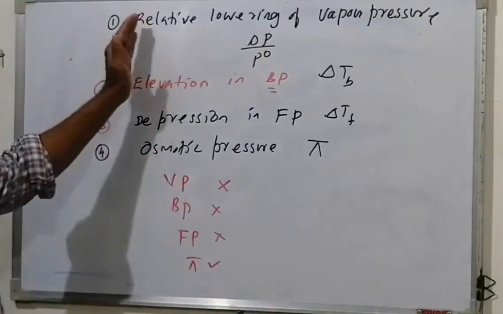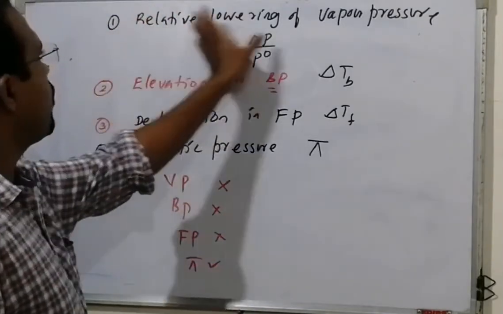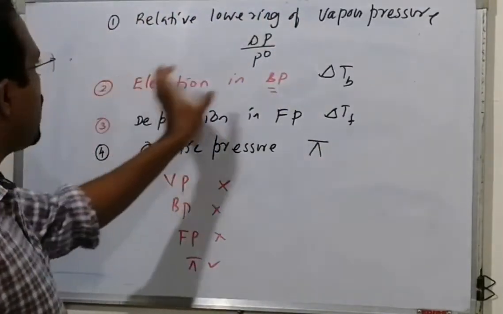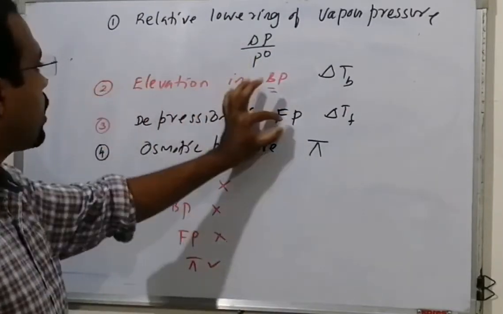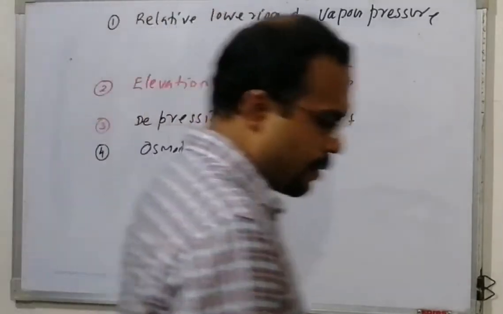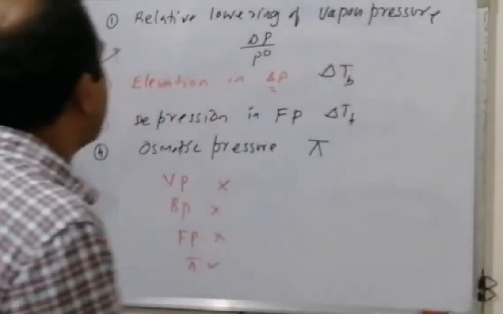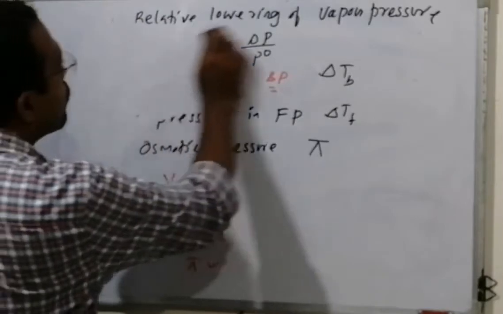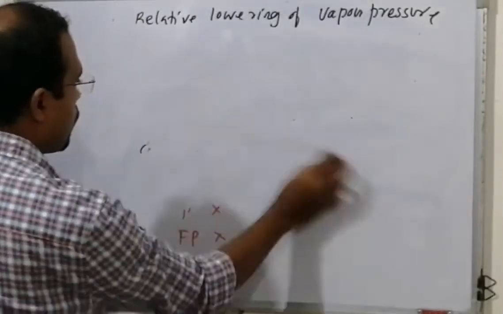You have to learn these titles completely: relative lowering of vapor pressure, elevation in boiling point, depression in freezing point, and osmotic pressure. Okay. We can discuss one by one. The first is relative lowering of vapor pressure.